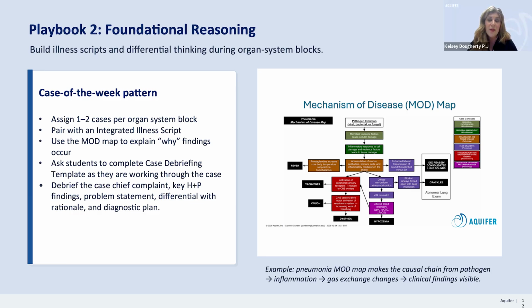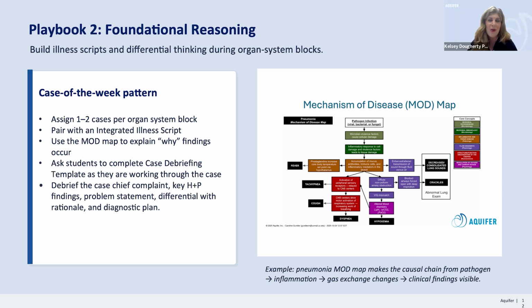After students have completed that pneumonia case on their own, find time to debrief the case in class and focus on the mechanism of disease of pneumonia from this mechanism of disease map and how it connects with that clinical presentation, using that class discussion to guide the students in connecting those dots.